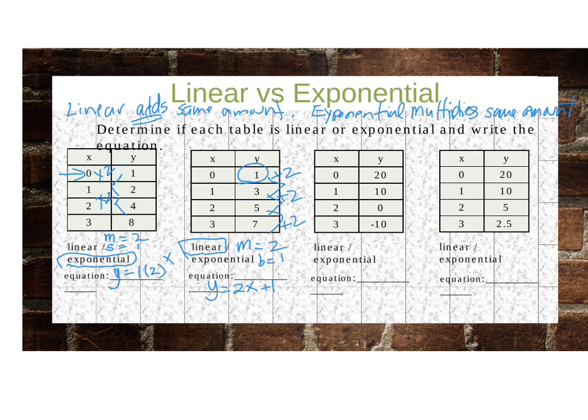How about this next one? 20 minus 10 is 10, 10 minus 10 is 0, minus 10 again is negative 10. So it looks like it's going down by adding negative 10 each time.